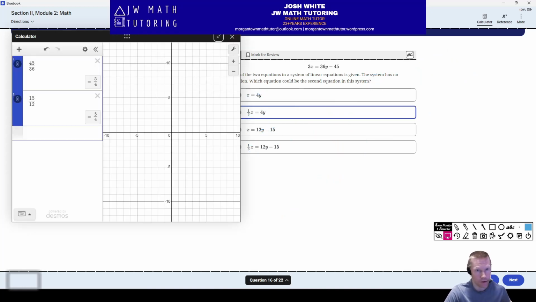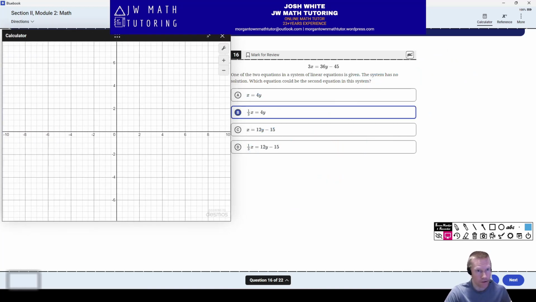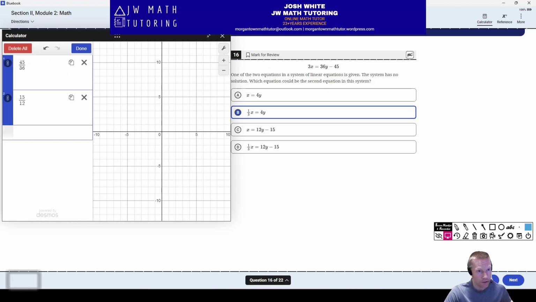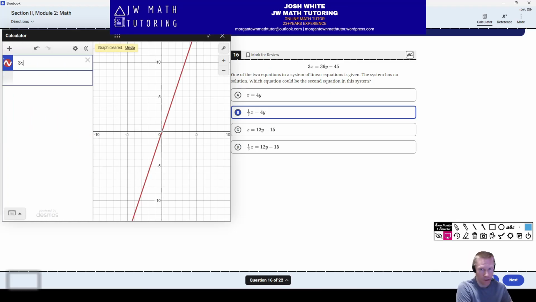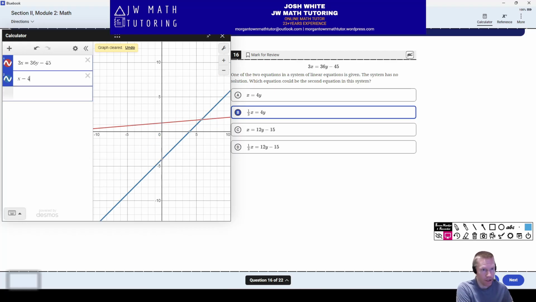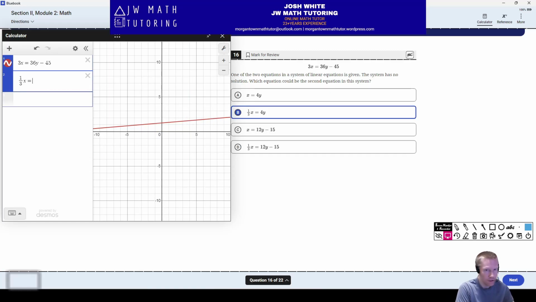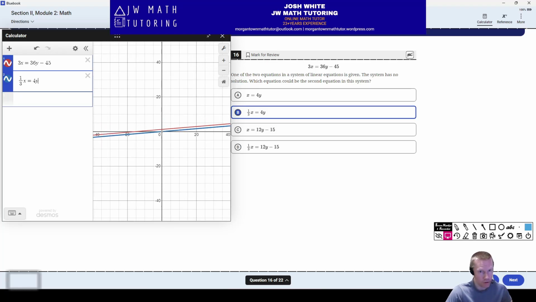And of course, if you go to Desmos, honestly, it'll probably be quicker to just graph the original equation, and then go through your answer choices and see, do they look parallel? Like these, obviously not parallel, they intersect right here. Okay, next one. These pretty clearly do look parallel.